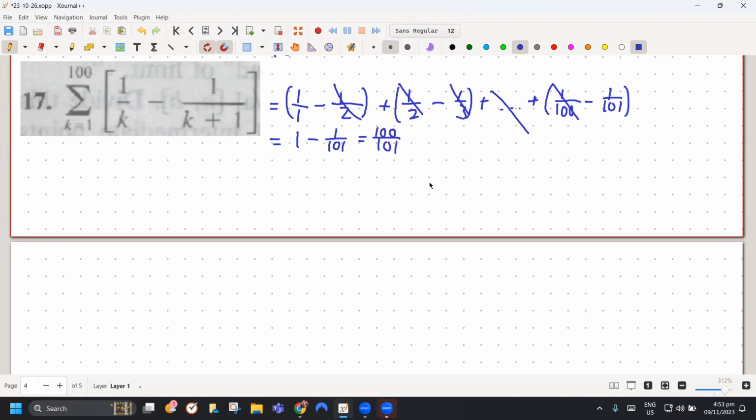Yeah, actually, yung re-indexing gagana din dyan, diba? Sige. So, tingnan natin yung number 18.